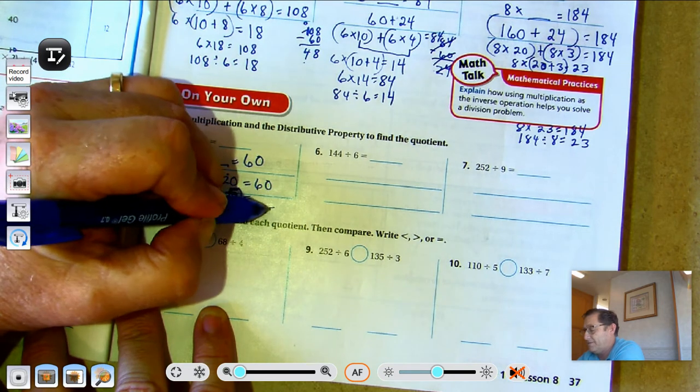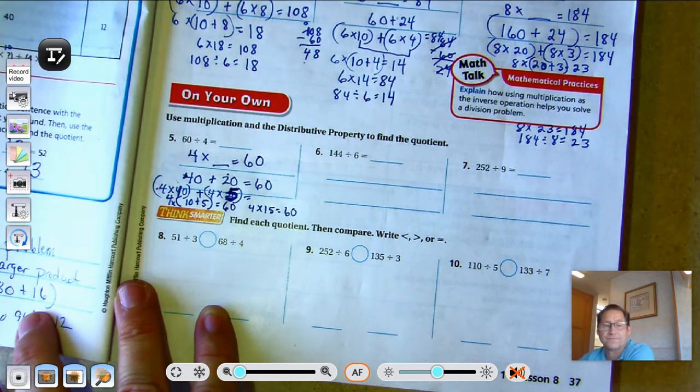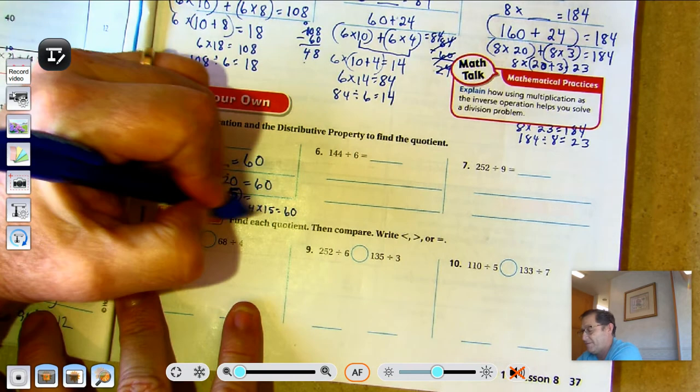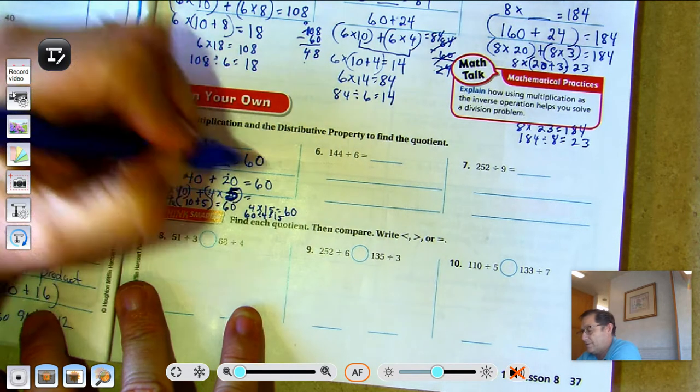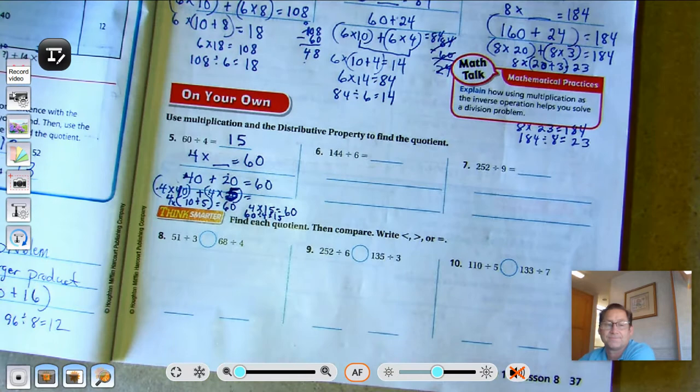So 4 times 15 equals 60. So if 4 times 15 equals 60, then 60 divided by 4 equals 15.